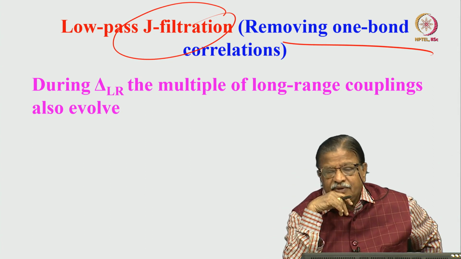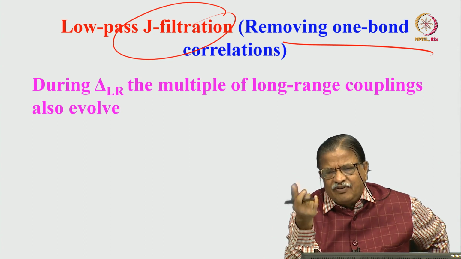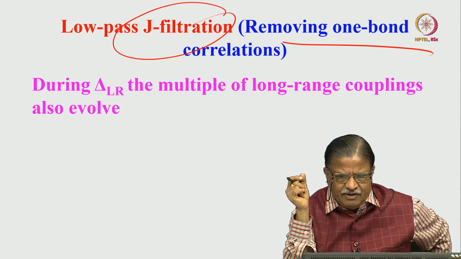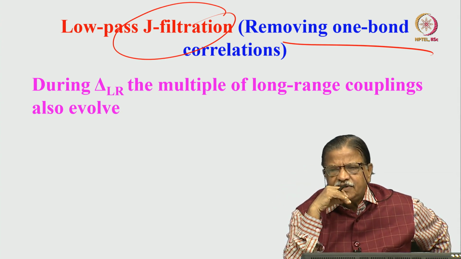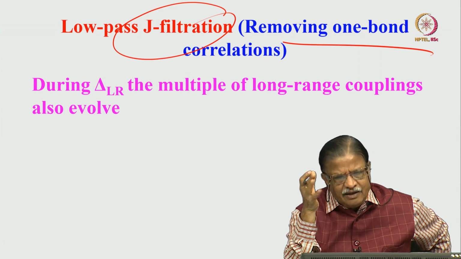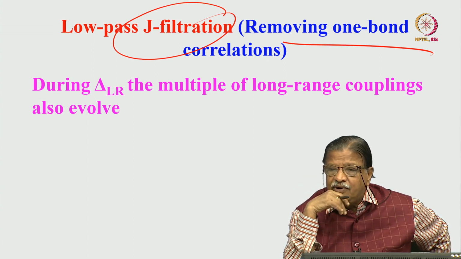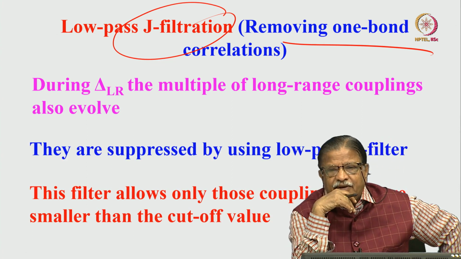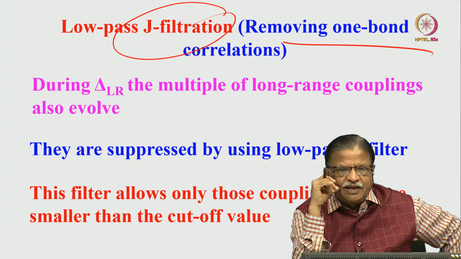Remember one more thing, if I set my LR for 8 hertz, then 80 hertz is 10 times 8. So what will happen during the LR period? Multiples of long range coupling can also evolve. That is also possible, and we have to suppress them by using the low pass filter.